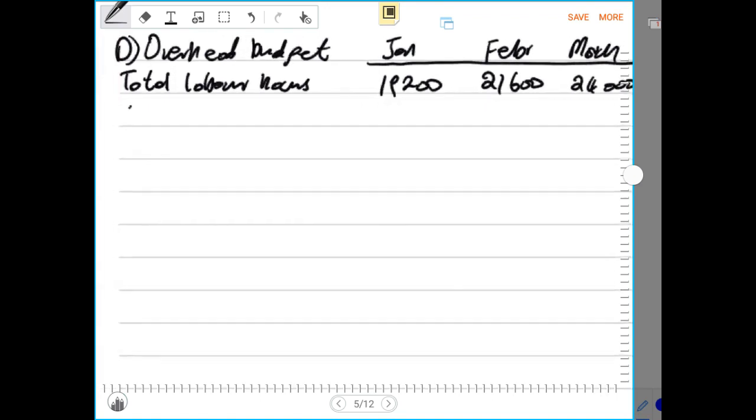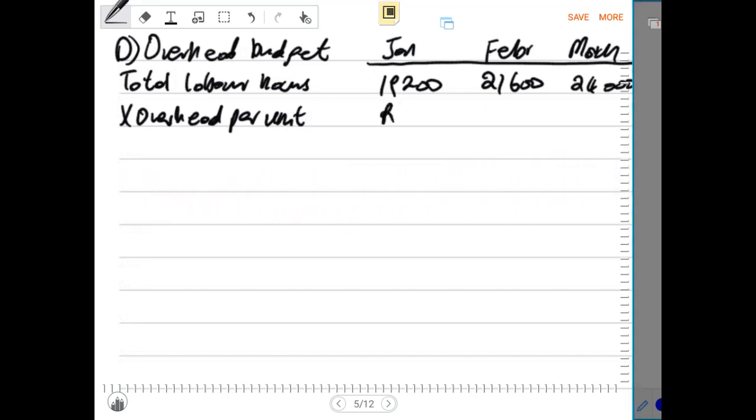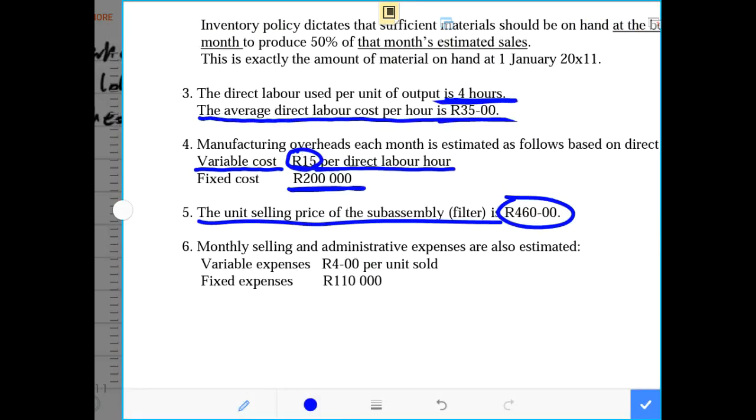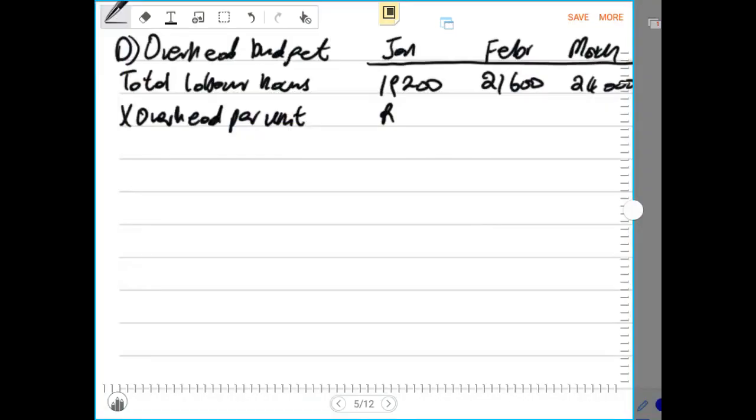Then after we multiply that by our variable overhead cost per unit, and our variable overhead per unit, we were given an amount and it was 15 rand.